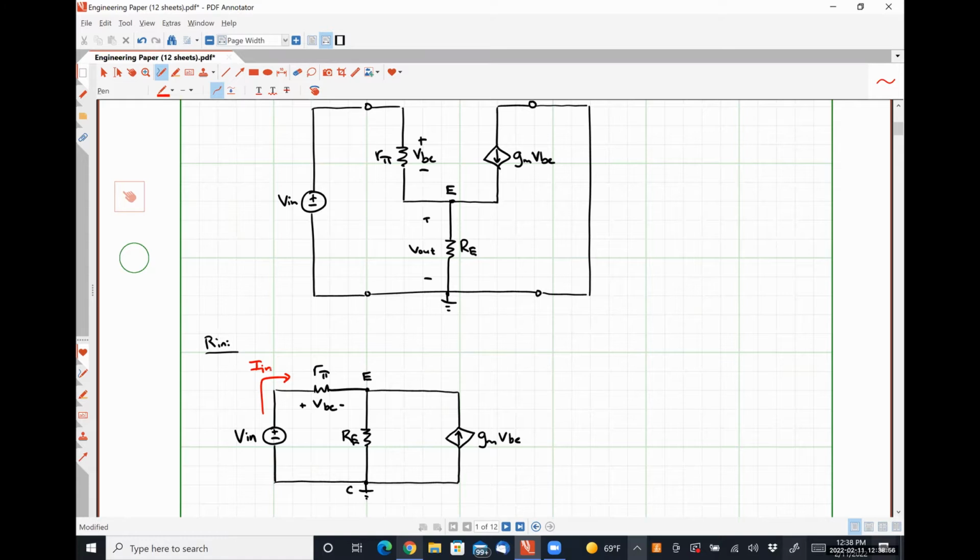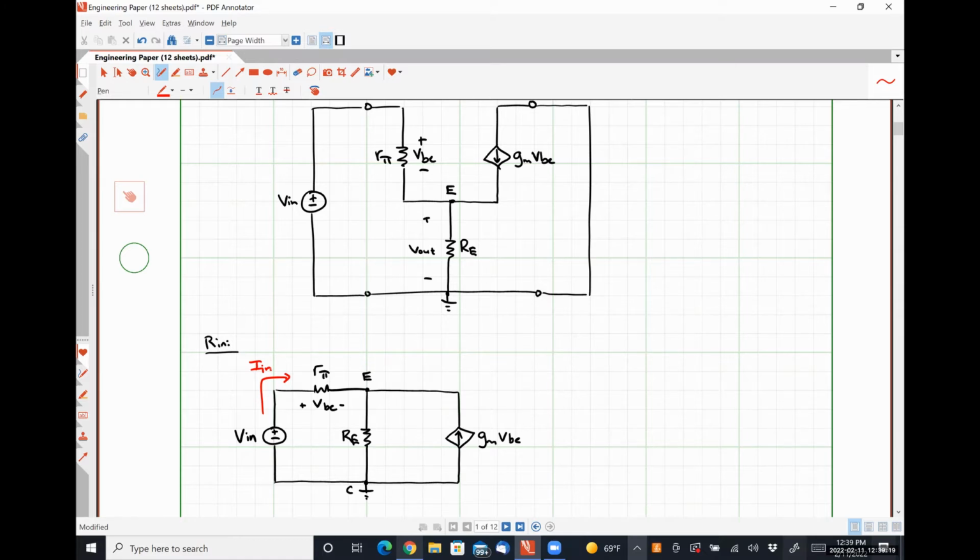I can simplify things a little bit here. I don't know that it's entirely necessary, but I can do a simple source transformation. Since I have a dependent current source on the right-hand side, I can make this a single loop circuit and then just use good old KVL and Ohm's law to figure out what that quantity I in is.